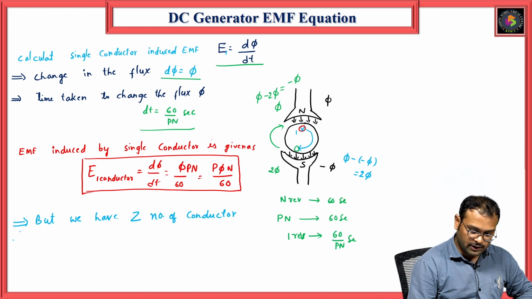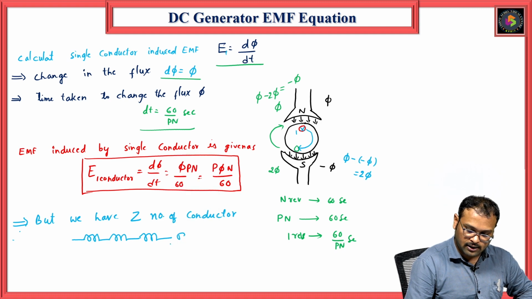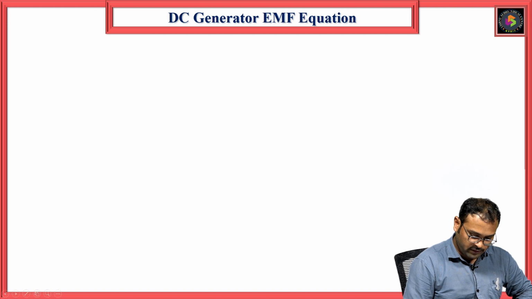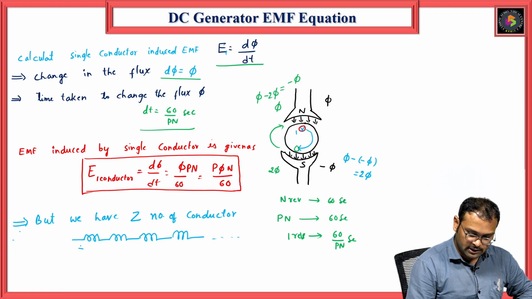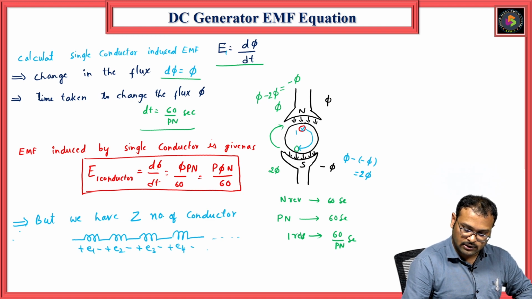So each conductor will induce, if conductors are in series, suppose this is conductor 1, this is conductor 2, this is conductor 3, this is conductor 4, and so on. Suppose the EMF induced by conductor 1 is small e1, this is small e2, this is small e3, this is small e4, and so on.